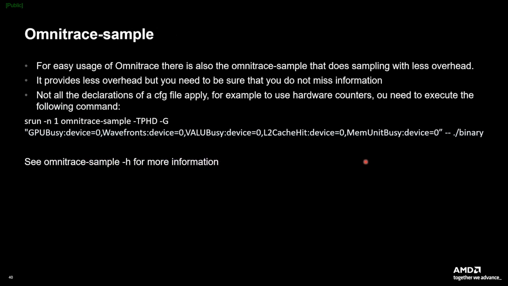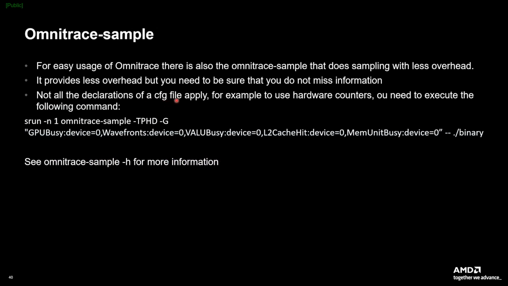For easy use of OmniTrace, there is also omnitrace-sample. If you forget whatever I said and you do omnitrace-sample, you will have less overhead. Not for everything, but easier. Not all of the declarations of the configuration file apply, so this is something that maybe will change.